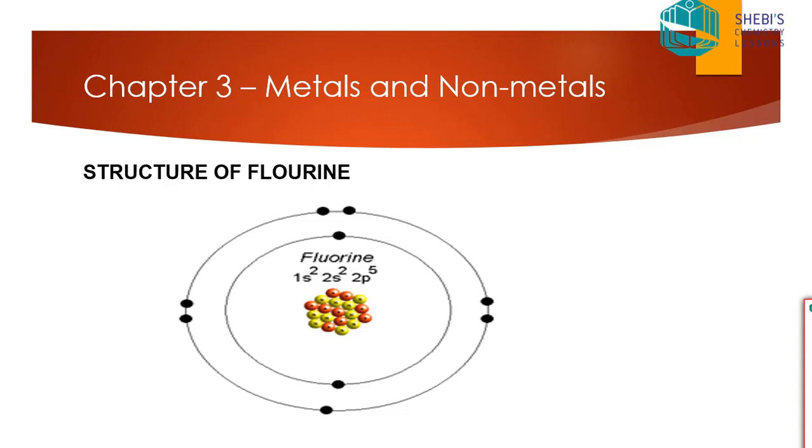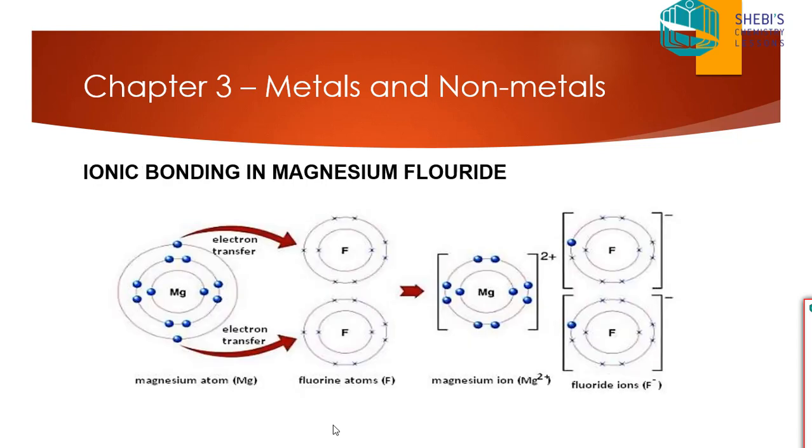So here 3 paired electrons are there in the outer shell and 1 unpaired electron, total 7 electrons. Now let's see how magnesium and fluorine bond with each other. This is the ionic bonding in magnesium fluoride.